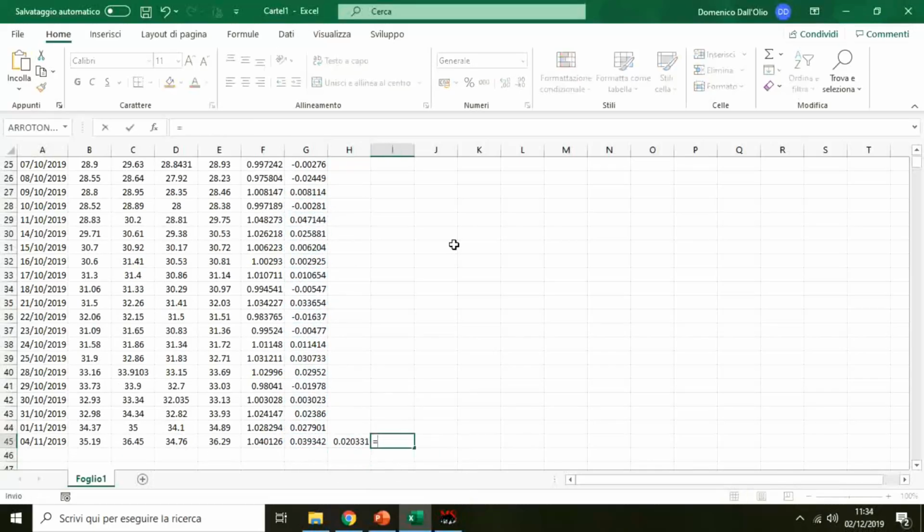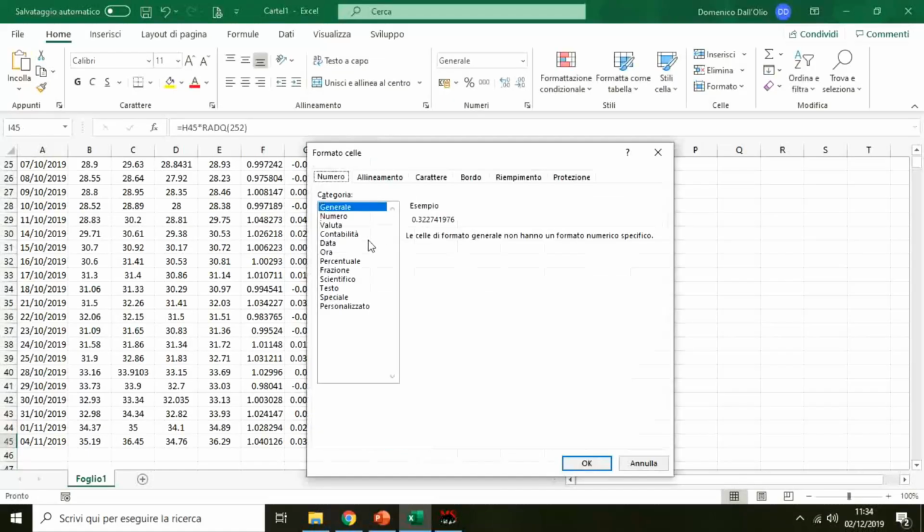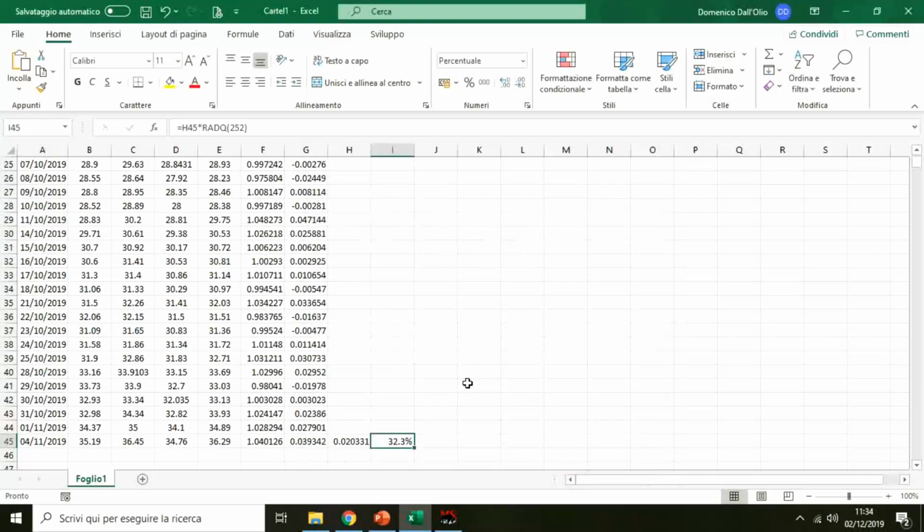And we multiply it times the square root of 252. And if we look at it on a percentage basis, it means that the stock has 32.3% of historical volatility on November the 4th, 2019, looking back 20 days.